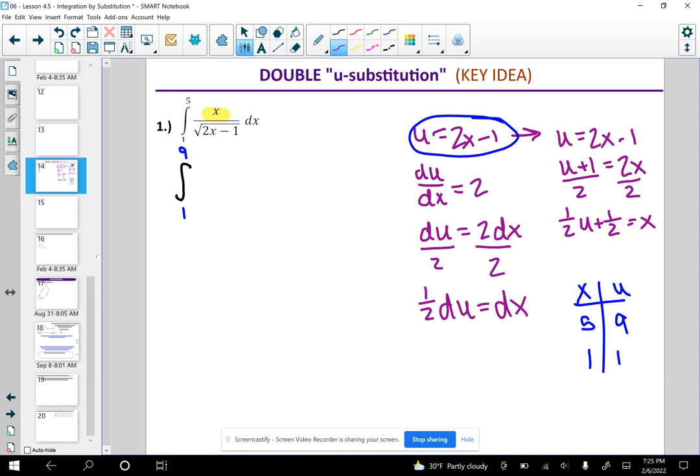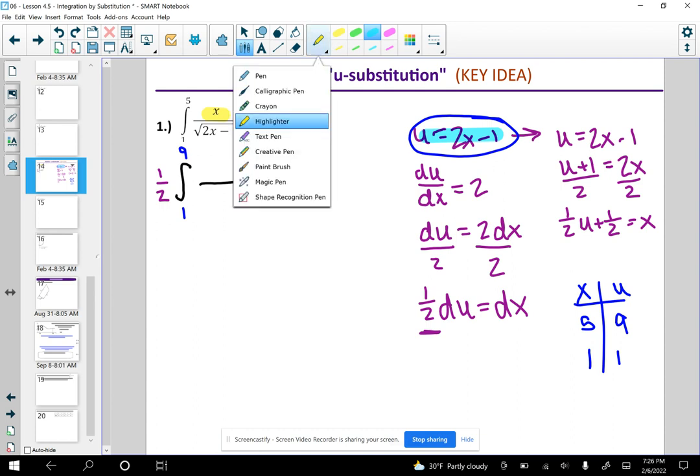Now I'm going to bring this 1/2 from my du expression out in front just like before. I'm going to try to use colors here. From this, u is 2x minus 1.